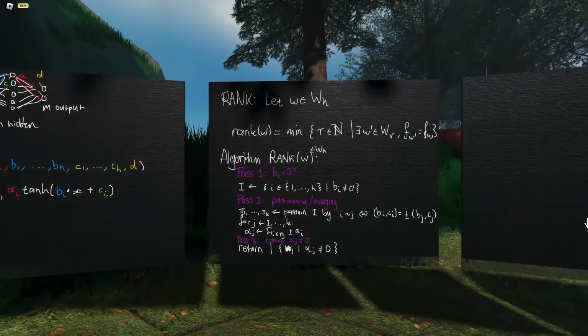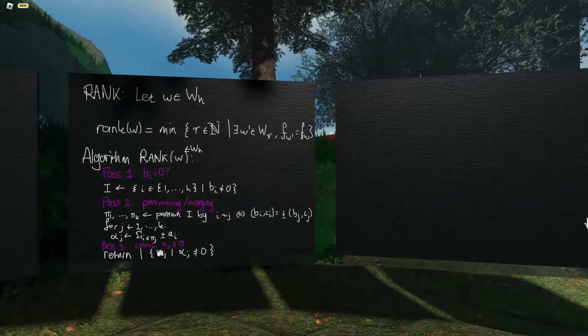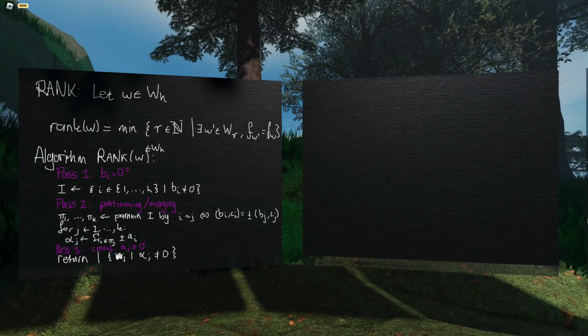So the rank was the minimum number of units that you needed to represent a particular function. Now let me attempt to define the parametric approximate rank on the next board. Same setup: given w in some particular parameter space.